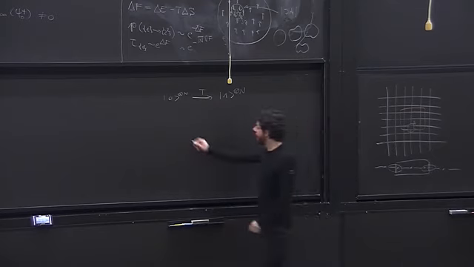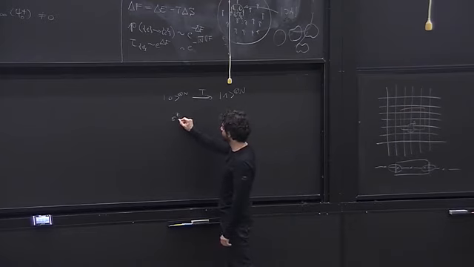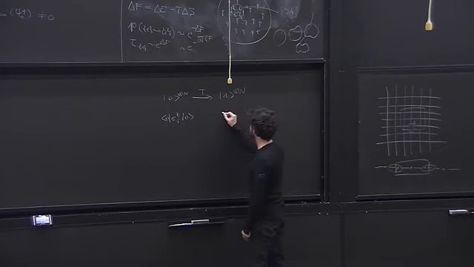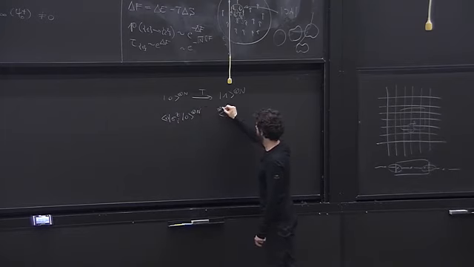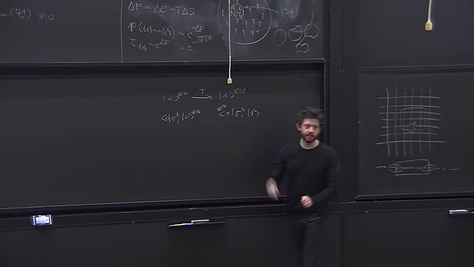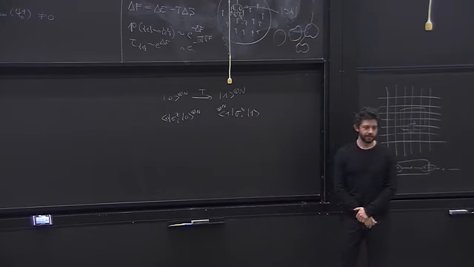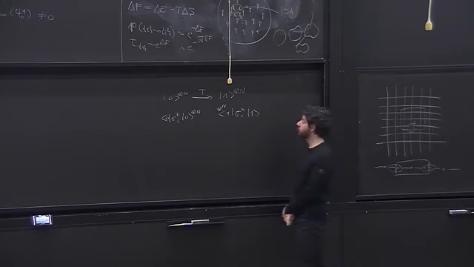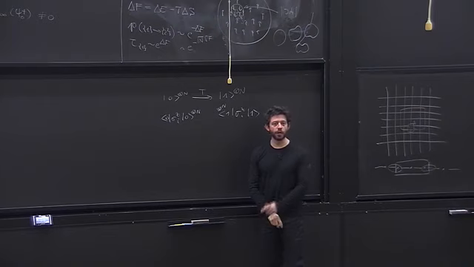In fact, I can distinguish the state 0 from the state 1 by just looking at the magnetization of one spin. So that's why when we have spontaneous symmetry breaking, the order parameter is local.